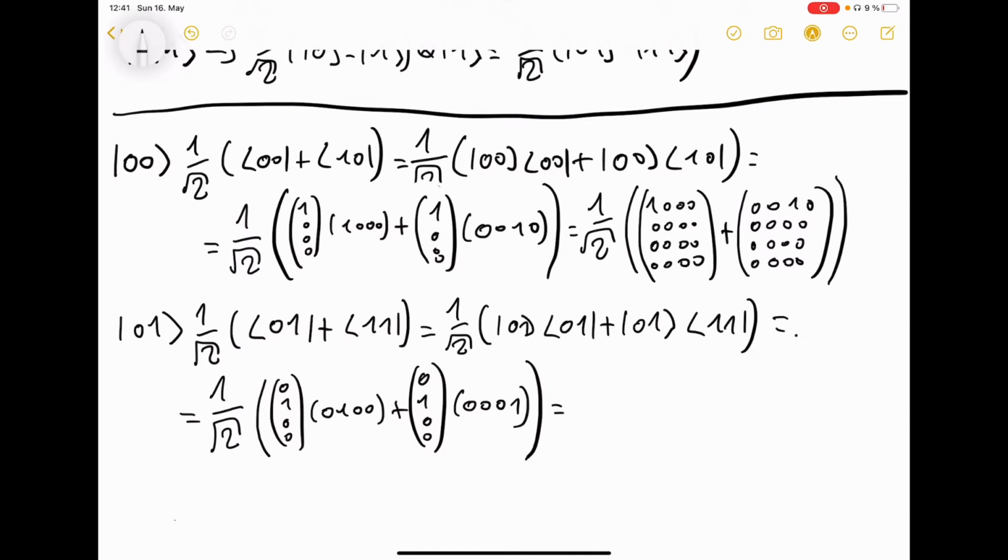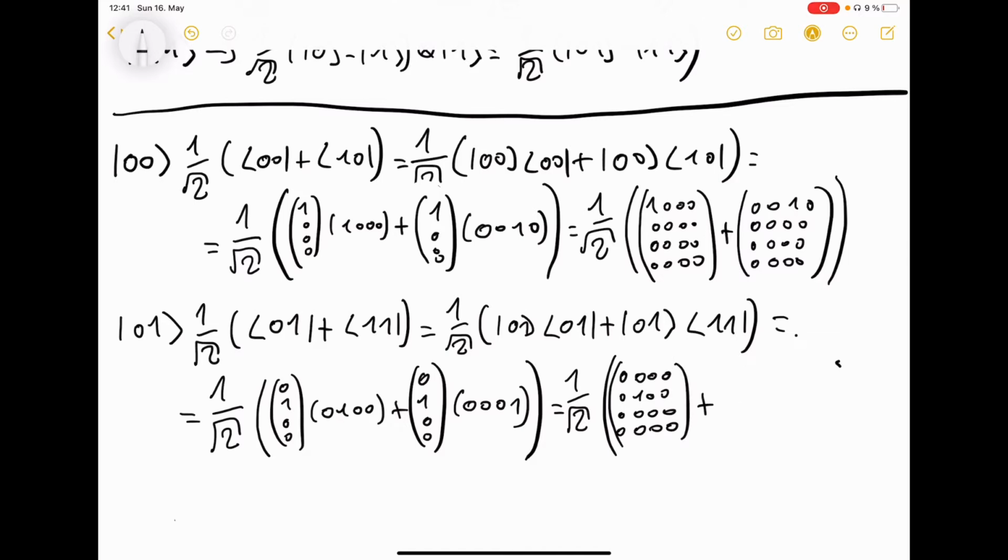Okay, we multiply that out. We will have 1 over the square root of 2. For the first one, we have all zeros in the first row. We have a 1 here. Everything else 0.